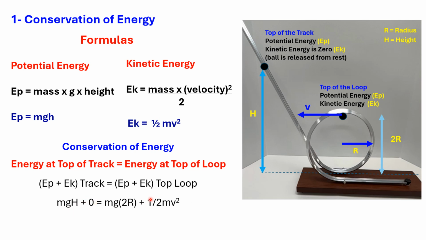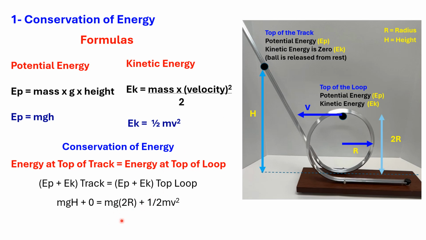So here we are doing formula substitutions in the conservation of energy. The potential energy is mg height. This height is the height of release. And 0 because the kinetic energy is 0 at the top of the track.